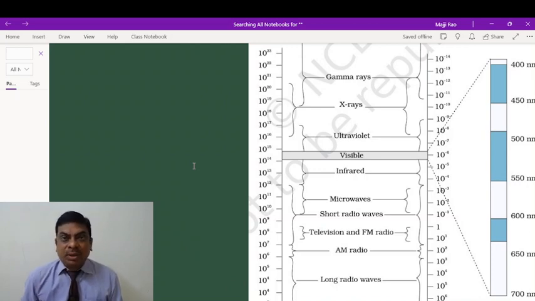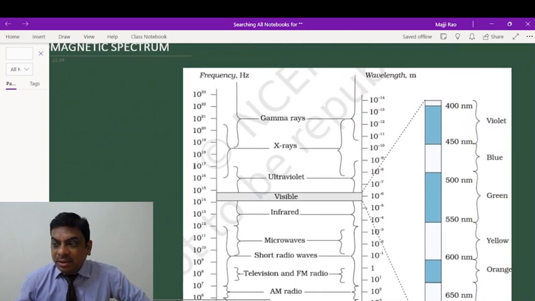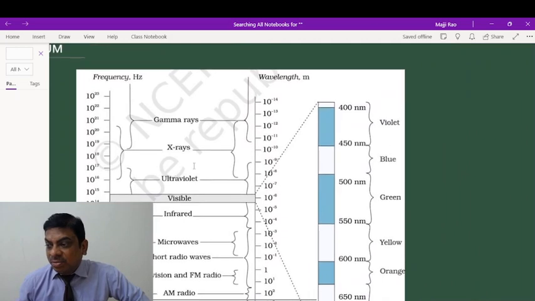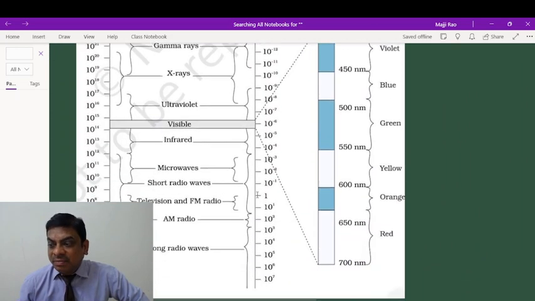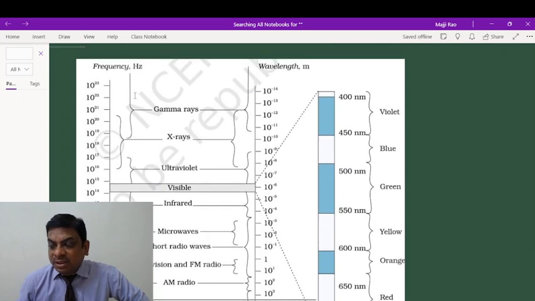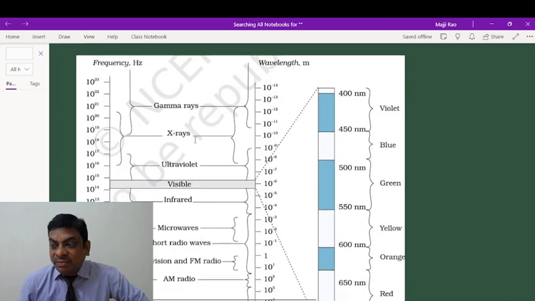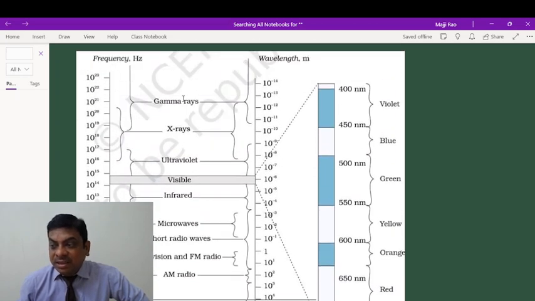Now, as we know, here you can see I have come up with a schematic diagram of different waves. As you can see, all these different electromagnetic waves have been arranged in ascending or descending order of wavelength or frequency. Here you can see gamma rays are at the top.